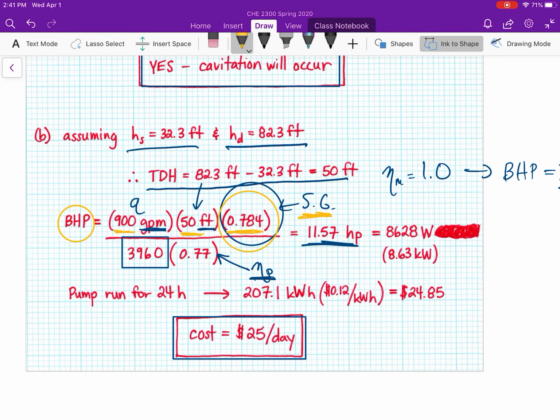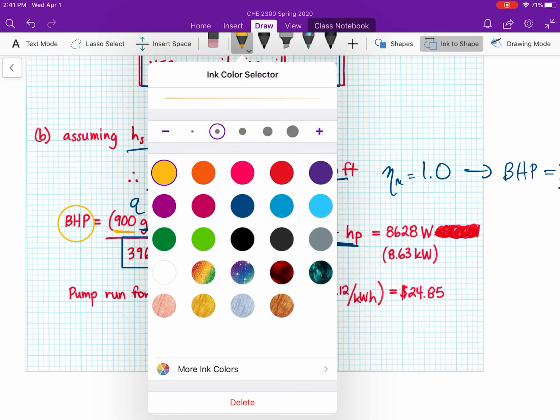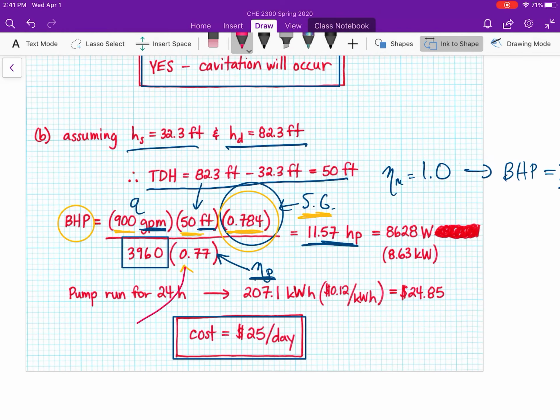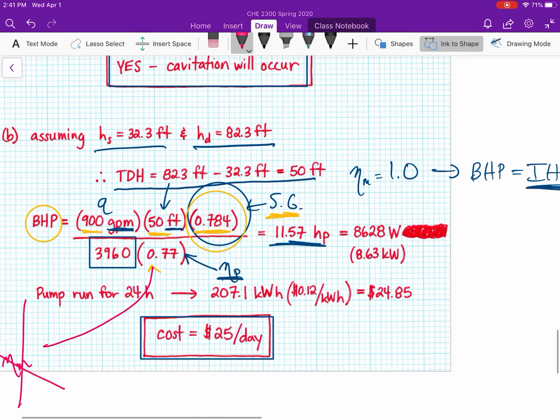And again, the second biggest thing I saw, let me change pens. The second thing I saw was plugging in the efficiency of the motor. That is incorrect.